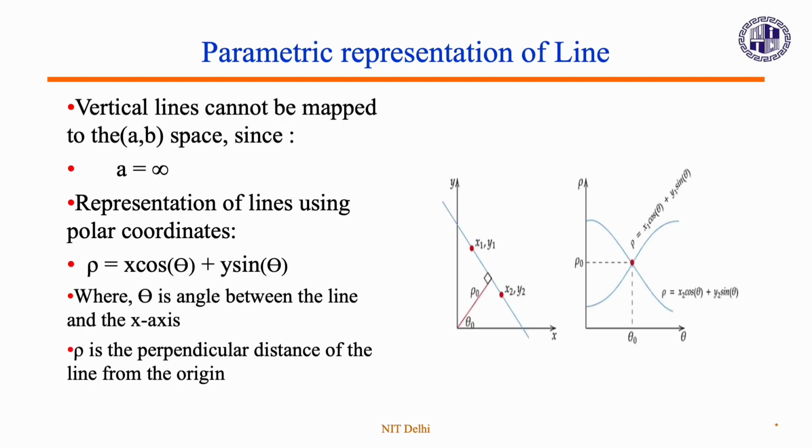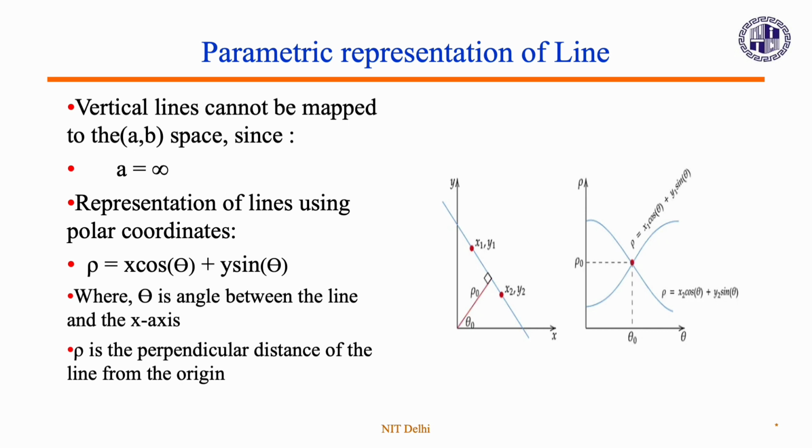Now coming to the alternate representation of line. Here we are going to see the normal representation of line. In the previous slides we learned that the equation of line is y = mx + c.